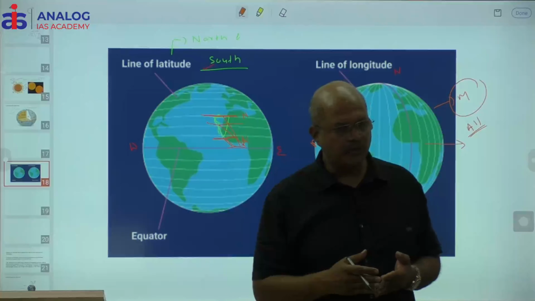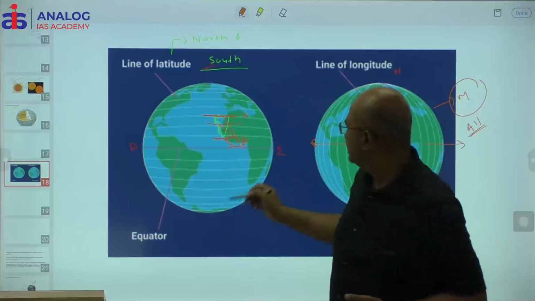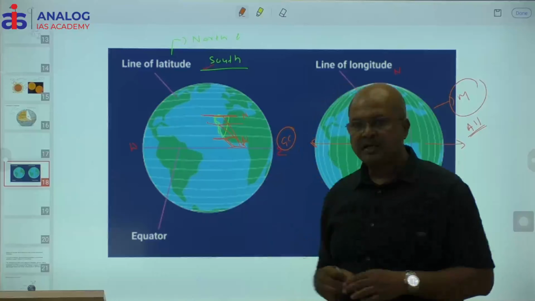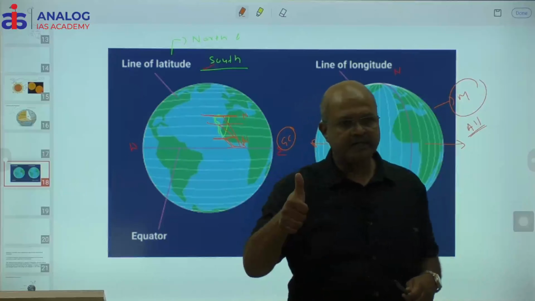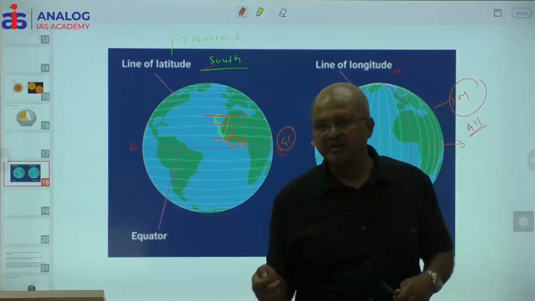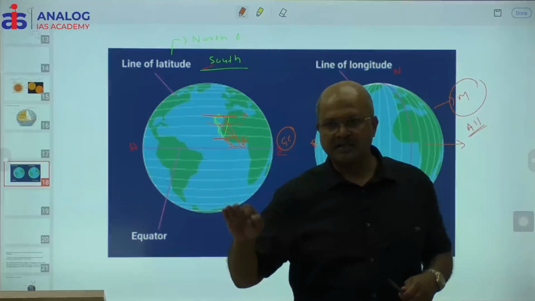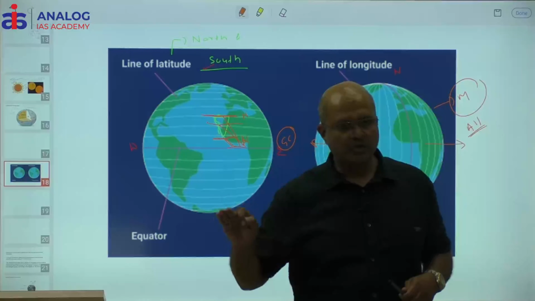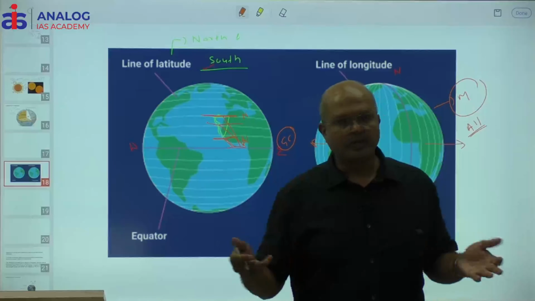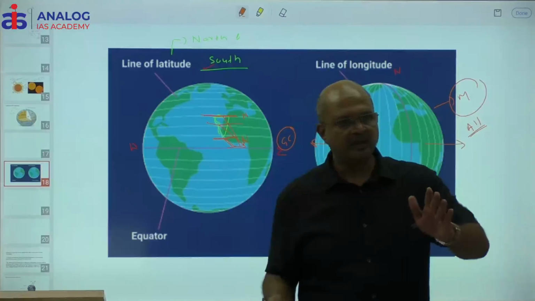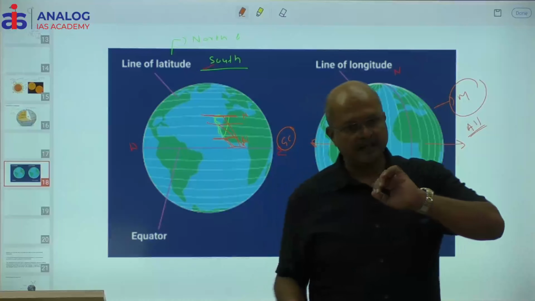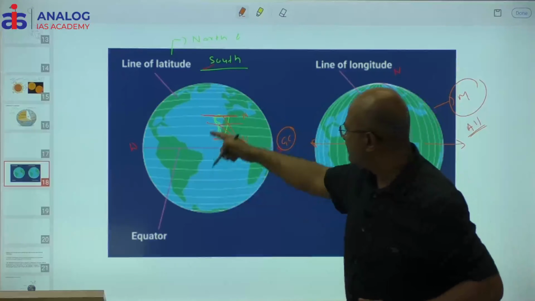The equator cuts the earth into two halves, and hence this equator is the only great circle among the latitudes, and among the longitudes all the longitudes are great circles. Every longitude cuts the earth into two halves. Is it clear?